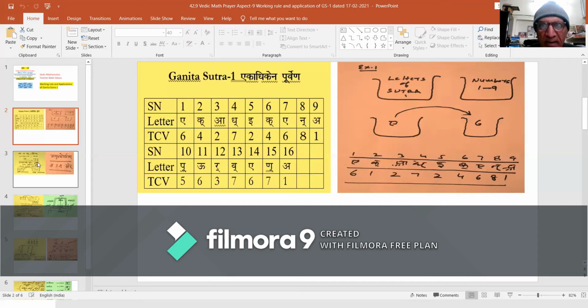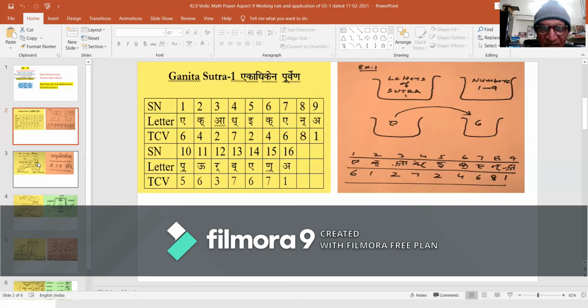Ganita Sutra 1 has a working rule one more than before or one more step. Therefore, the initial step is of a progression going from first letter to the second letter.